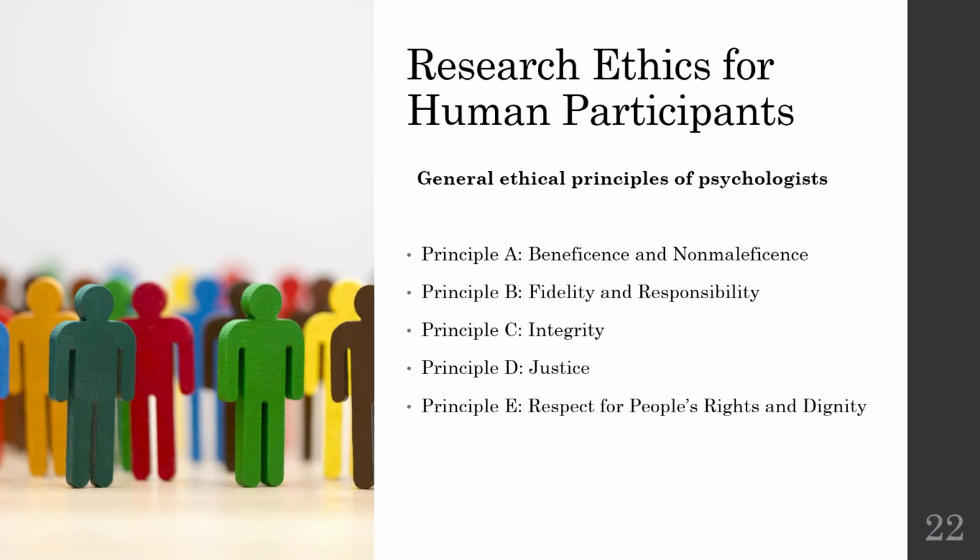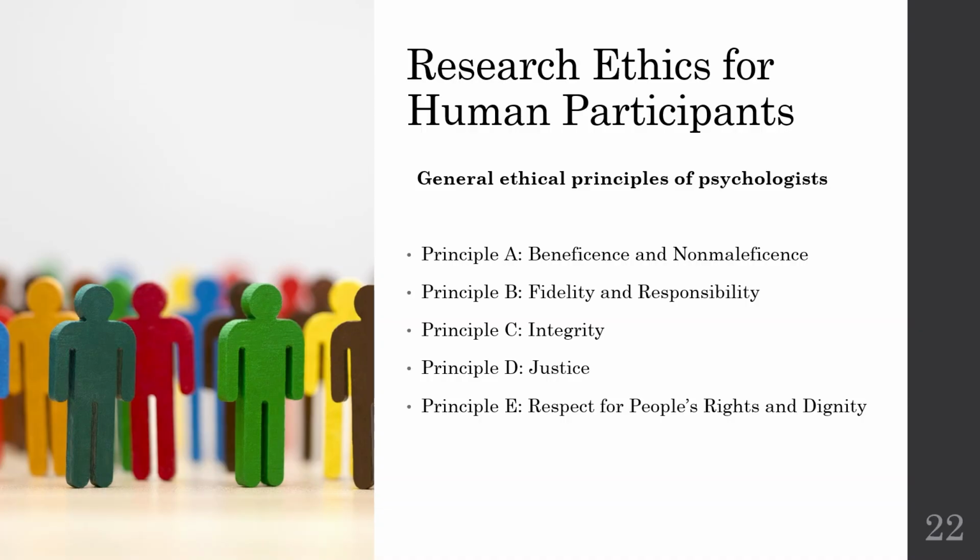Again, making sure that what we are doing in our research is responsible, that we have integrity in our own study and in our own data, and that we are reporting and demonstrating things in a responsible way. Principle C, integrity. Pretty straightforward, but making sure that we have integrity in our research, both in what we report, that we are reporting accurate results and aren't manipulating data, and also in how we're treating participants.